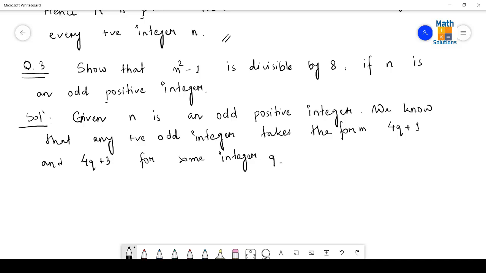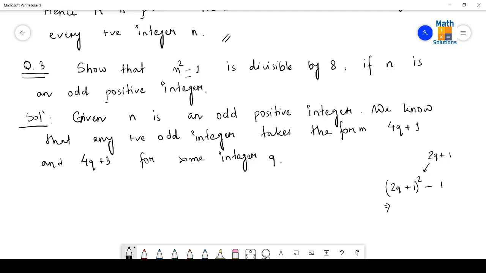Now in this case there will be a question, why we have considered 4 and not 2? Because in case of odd integers there is only one form taken. If I consider 2q plus 1, and when I put this value in this expression, let us see what result we get. 2q plus 1 whole square minus 1.